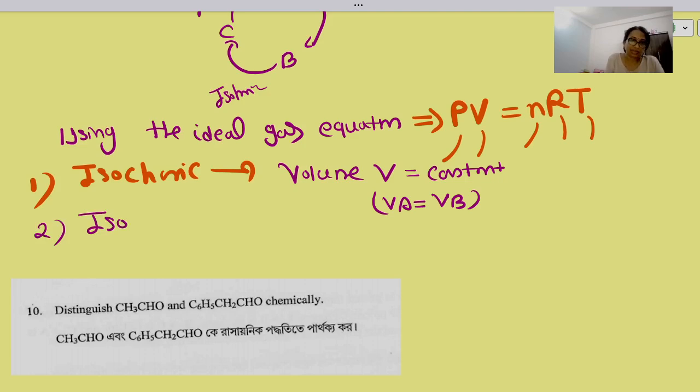The second process is isobaric. In this condition, pressure is constant.